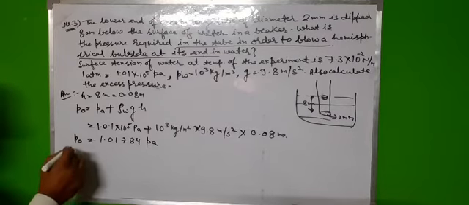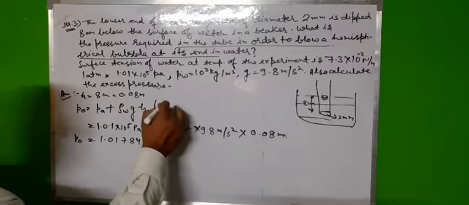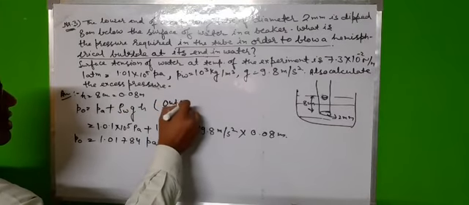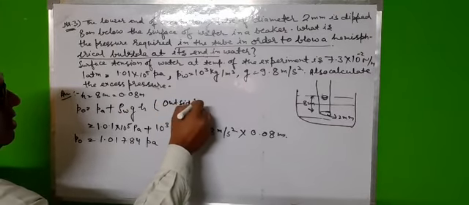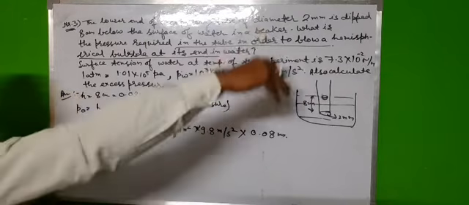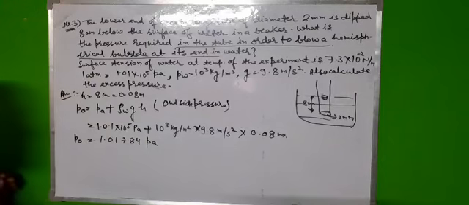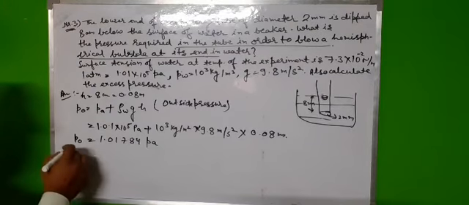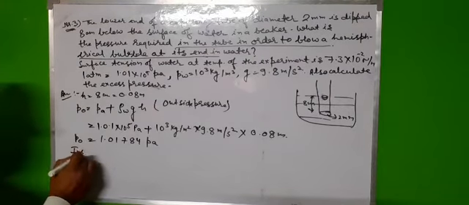Now we have to calculate the inside pressure. This is the outside pressure, that is the pressure which is exerting on the capillary tube from outside. Now we will calculate the inside pressure.